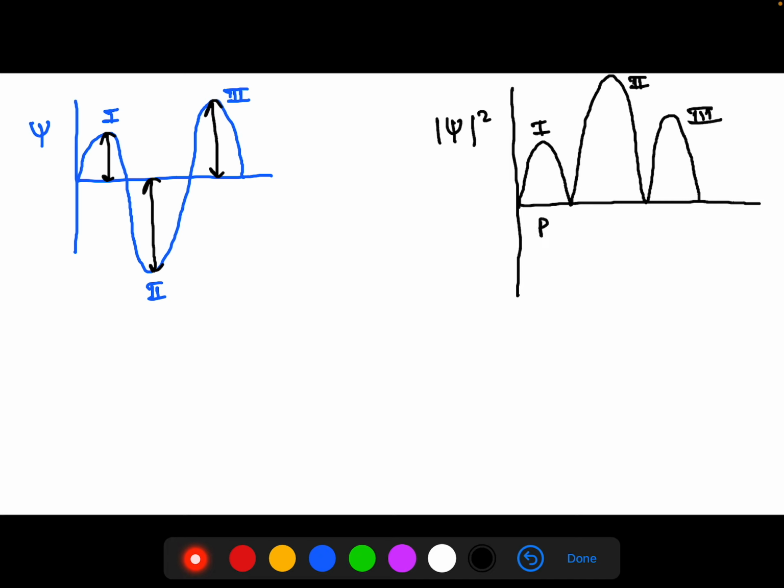If I say this is P1, this is P2, and this is P3, then P2 has the highest value, then comes P3, and then comes P1.